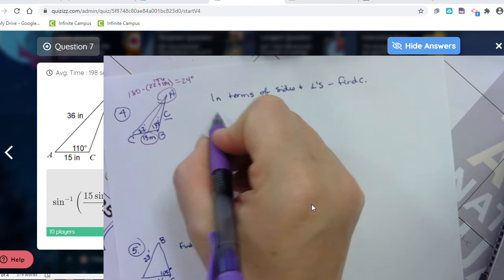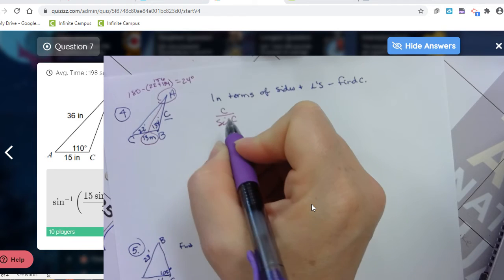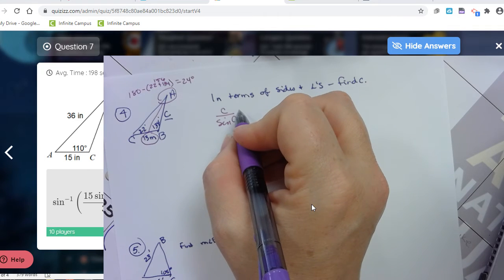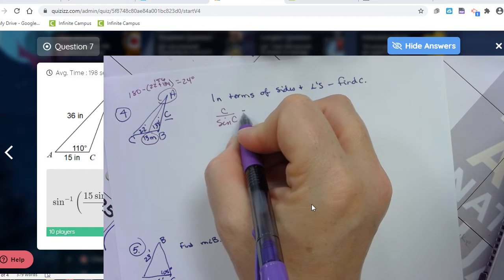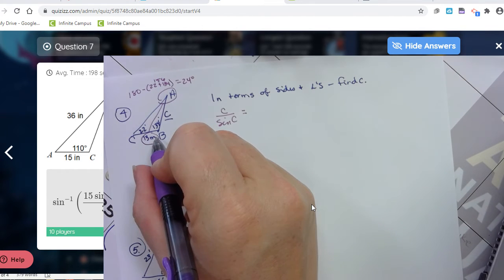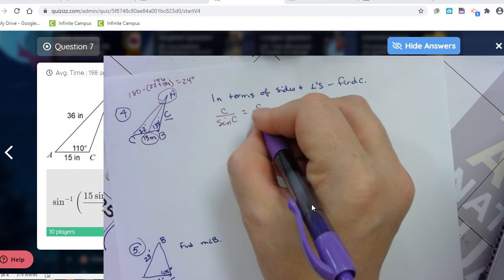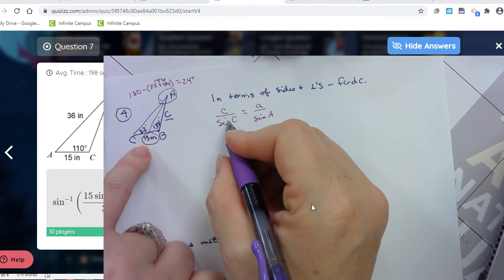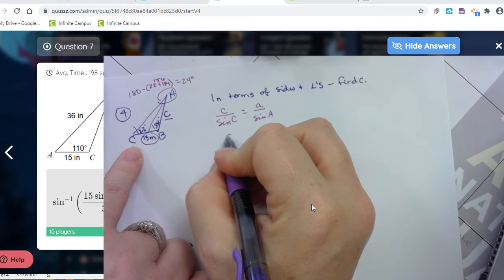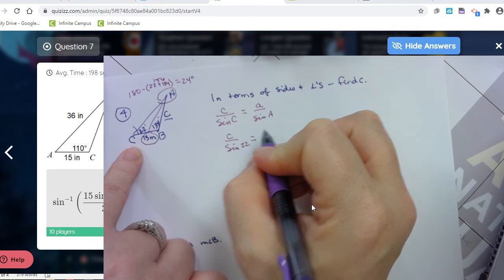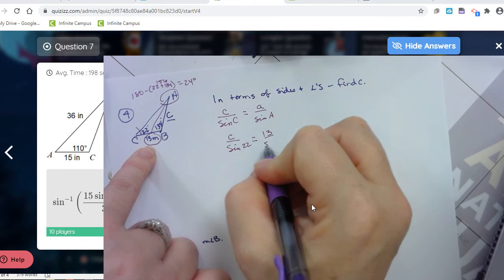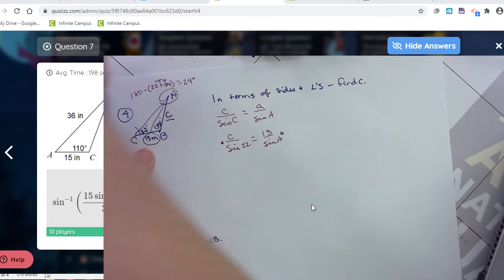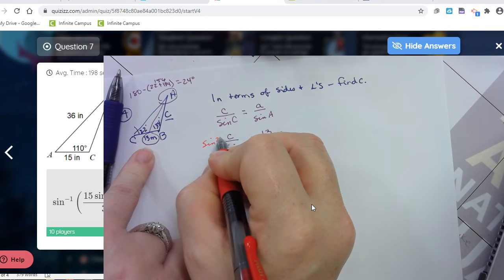So I'm solving for C, so I'm going to say C over sine C equals, and then what I'm trying to do is find A over sine of A. All right, so in this case, my C, I don't know, that's what I'm trying to find, but the angle C is right here, so that's C over sine of 22 is equal to A, 13 over sine of A. Now the beauty of this is all I have to do to simplify is multiply both sides by sine of 22.